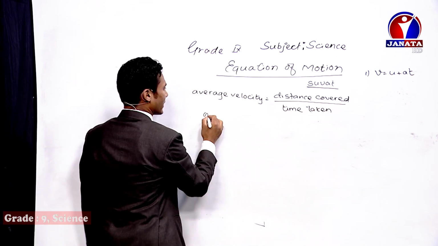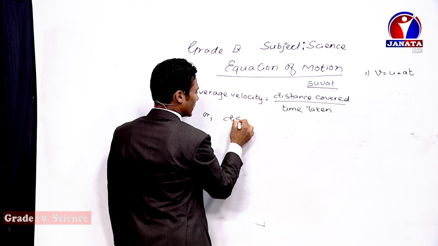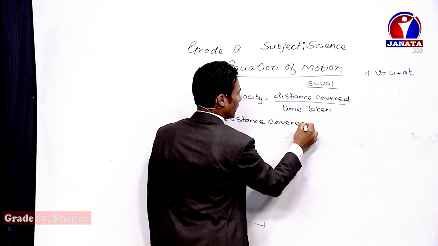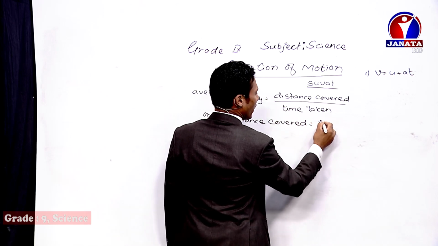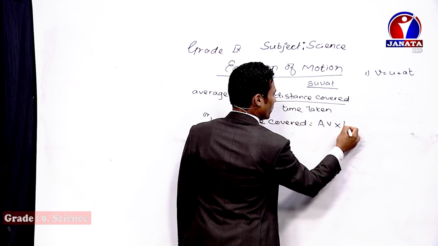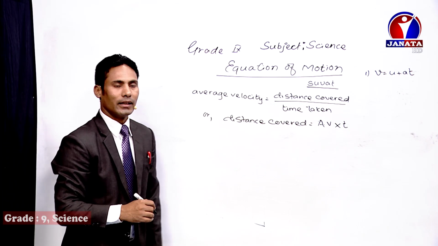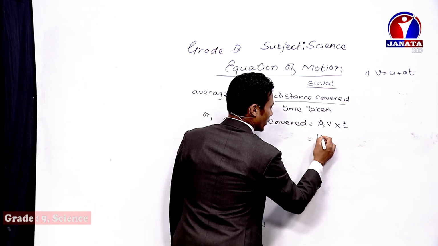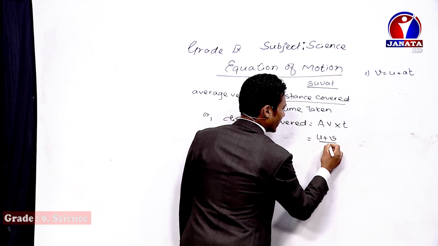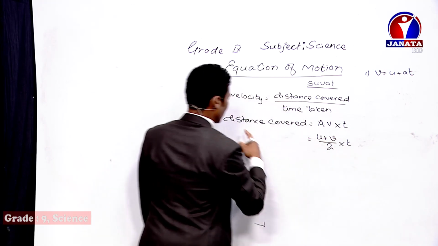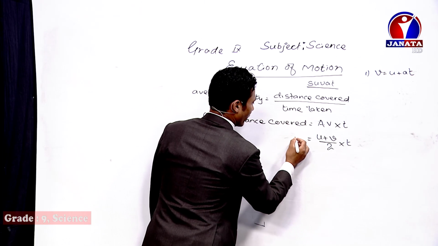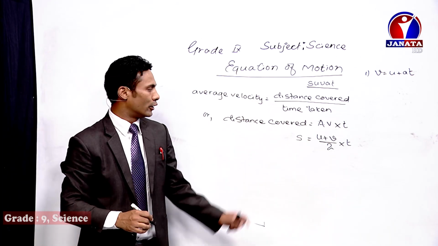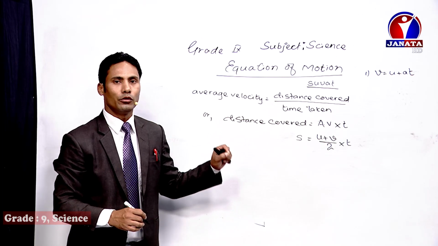We can simplify this: distance covered equals average velocity into time. And if there are two velocities, the average velocity is u plus v by 2. The distance covered we write as s. So s equals u plus v by 2 into t.